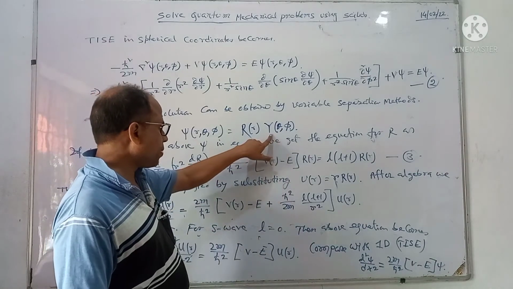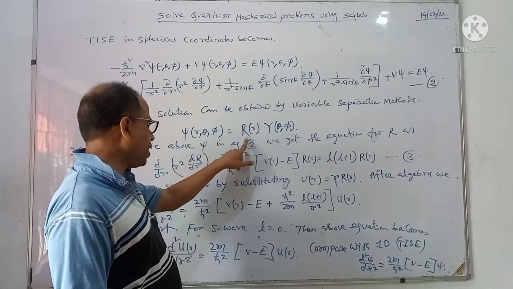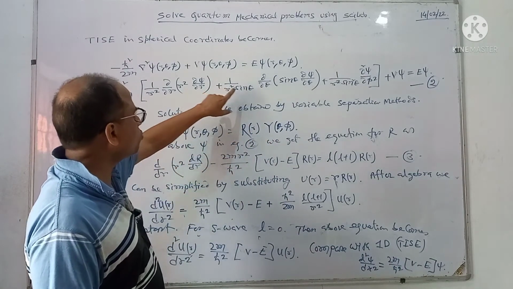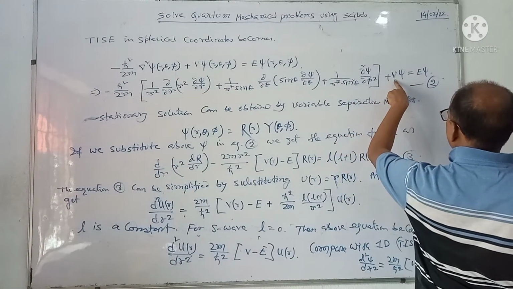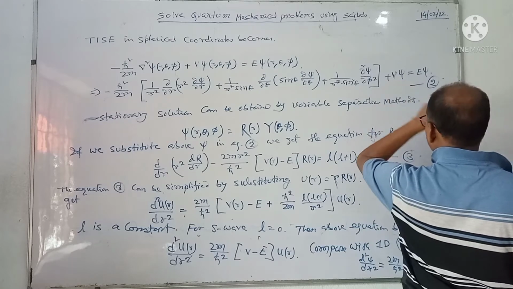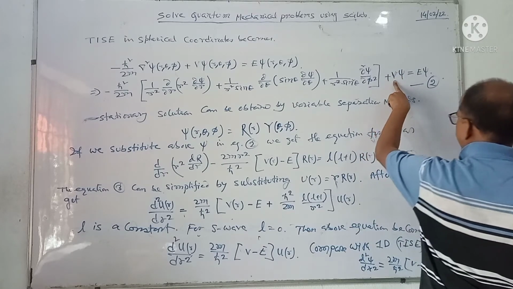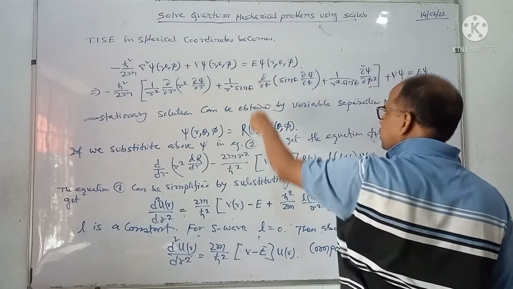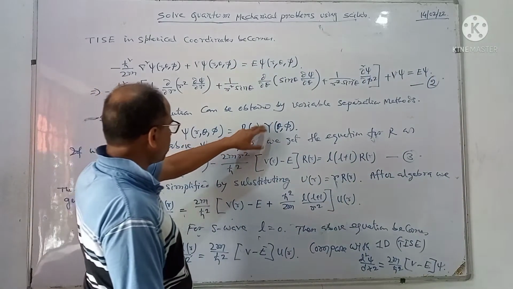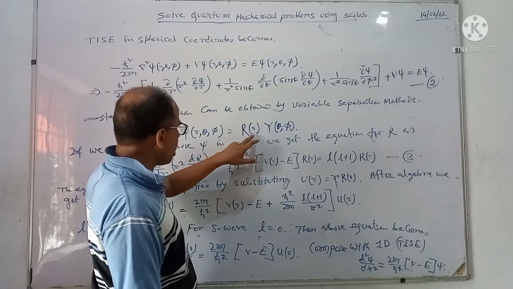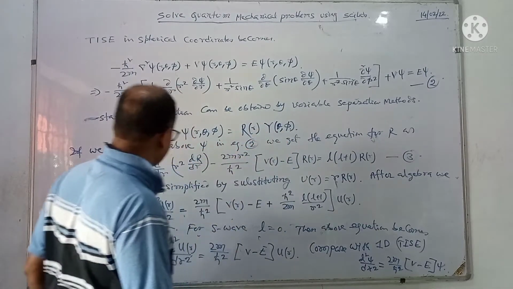Therefore, this is the angular part and this is the radial part, because we are considering that the potential and the boundary conditions possess spherical symmetry. That's why we are using spherical polar coordinates. And therefore, in the variable separation method, this depends on r and this depends on theta and phi.